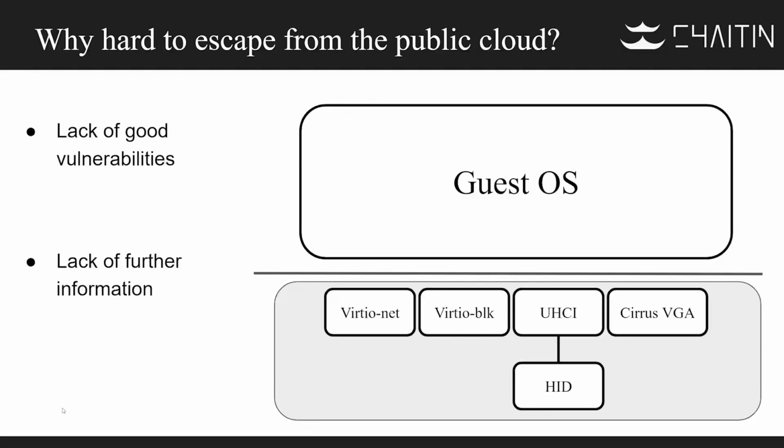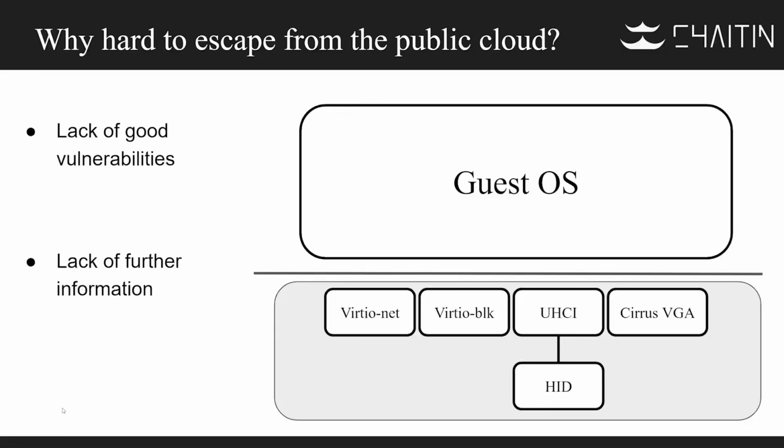You think it's dangerous, but your boss needs you to prove that an attacker can easily attack your cloud. How do you prove that? It was hard to prove before, because first, we lack good vulnerabilities. All the vulnerabilities you found cannot be used to escape the libvirt virtual machine.